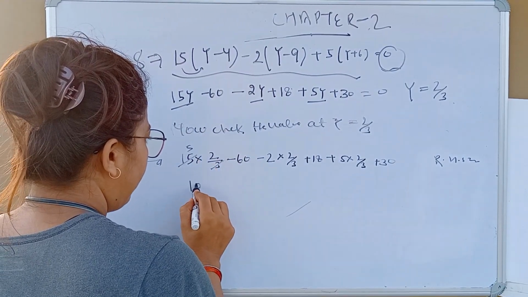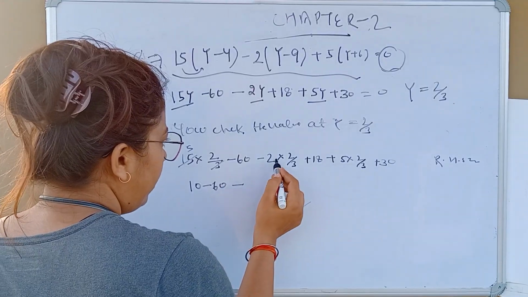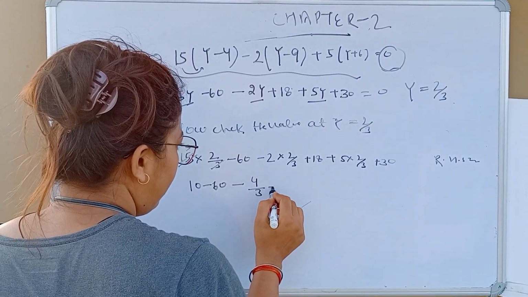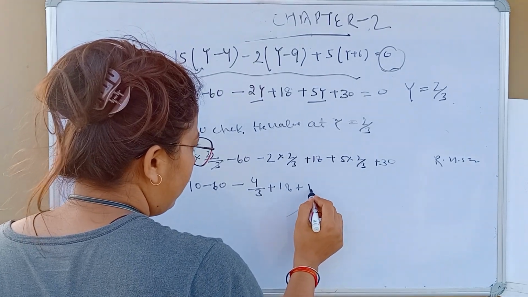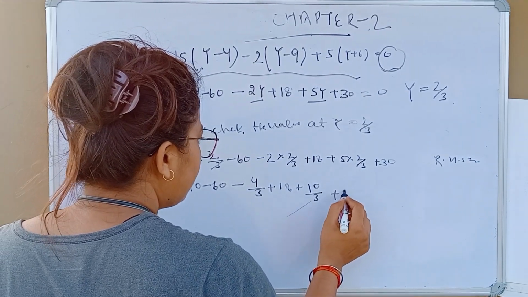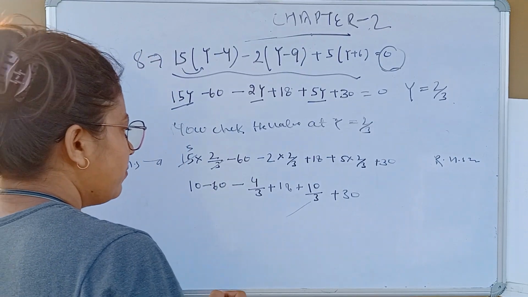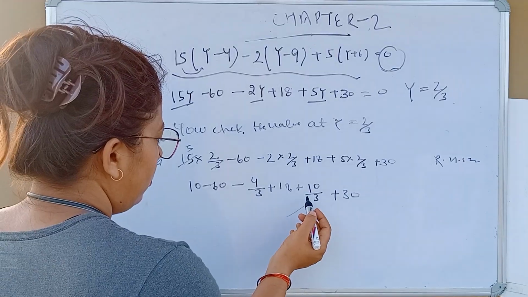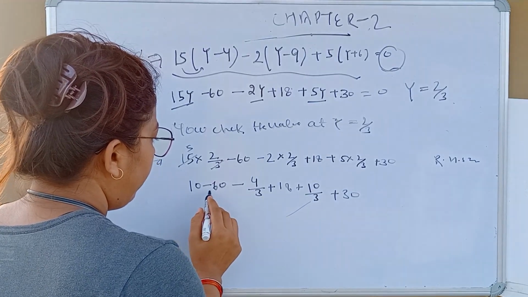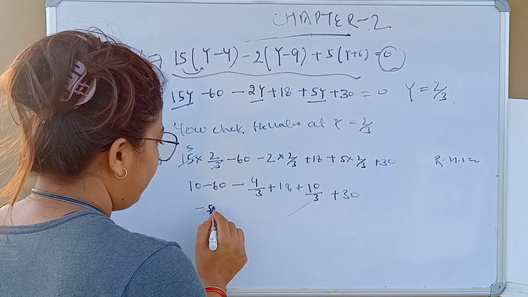So 2 5s are 10 minus 60. Here 2 2s are 4 divided by 3 plus 18. Here 5 2s are 10 divided by 3 plus 30. So 10 minus 60 is equal to minus 50.